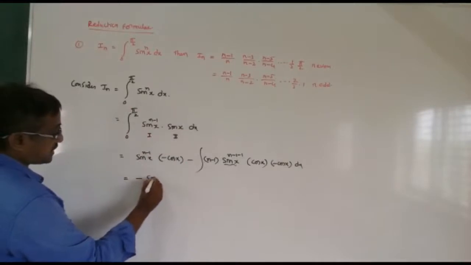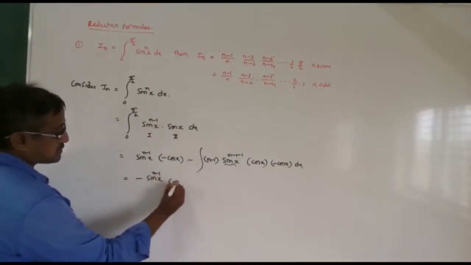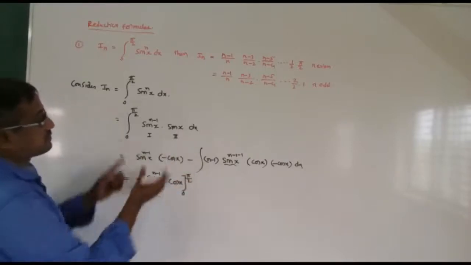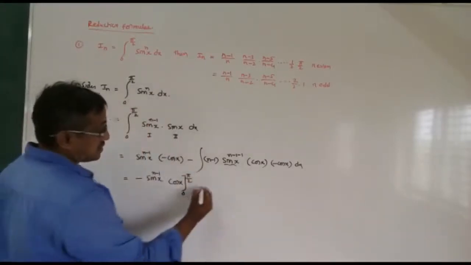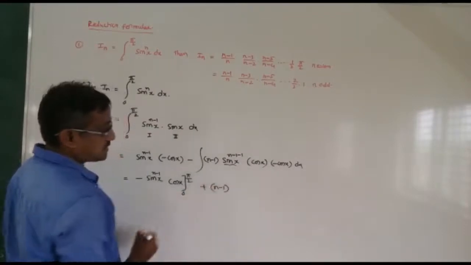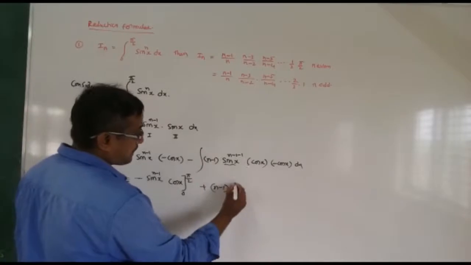So minus sin power n minus 1 x into cos x to the limits 0 to pi by 2. We apply definite integrals. Minus n minus 1 into, so I will write plus here, minus into minus.